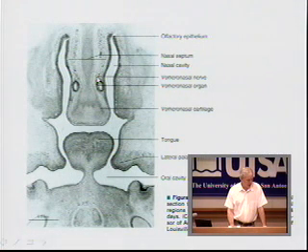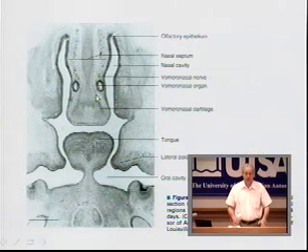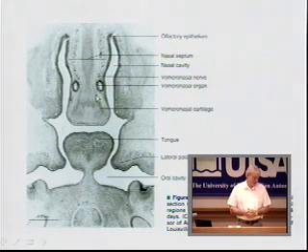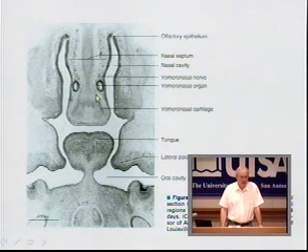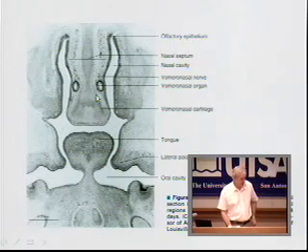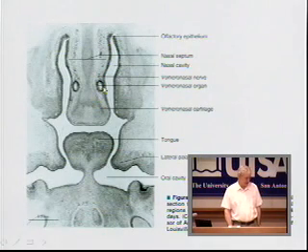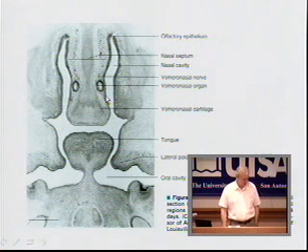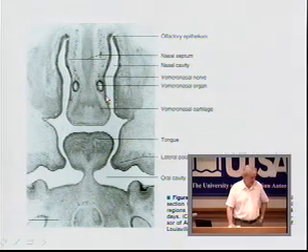So I don't want anyone to think that mesenchymal cells in these areas are differentiating into nerves. It's the nerve cells that grow with their target structures into these areas, and then the mesenchymal or endodermal origin tissues and cells develop in that area.